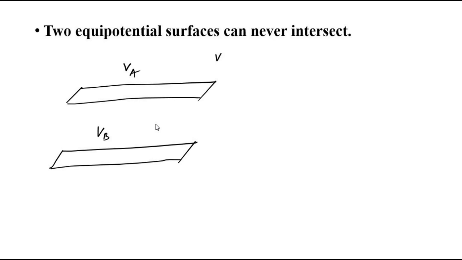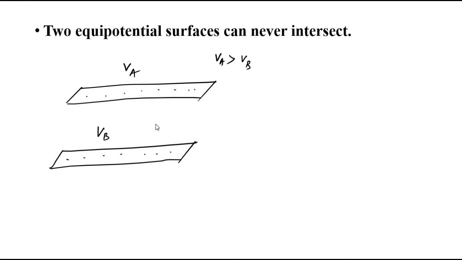Let's say VA is greater than VB. This arrangement of equipotential surfaces is possible. All the points on surface A are at the same potential VA, and all the points on surface B are at the same potential VB.